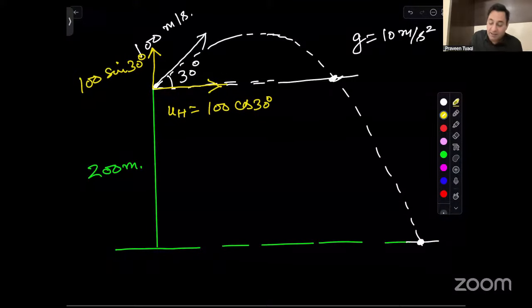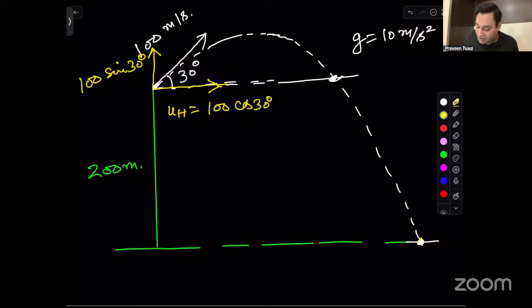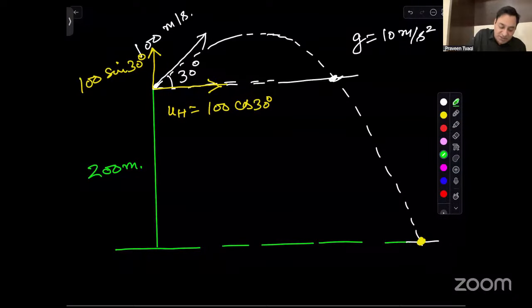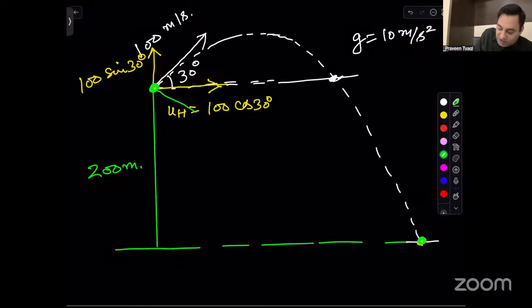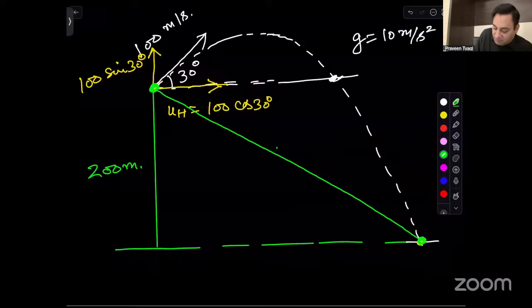Now, for time, let's study the vertical motion. Where is the initial position? The initial position is here. Where is the final position? Here. The total displacement of this body is this. This displacement has a vertical component and a horizontal component.